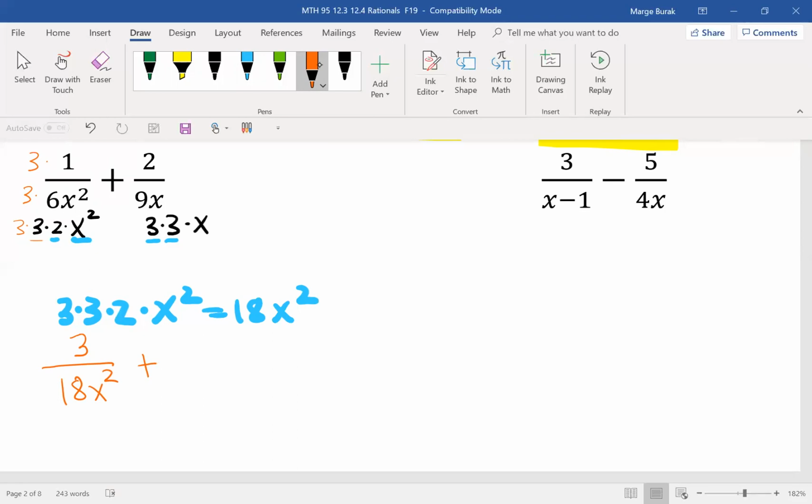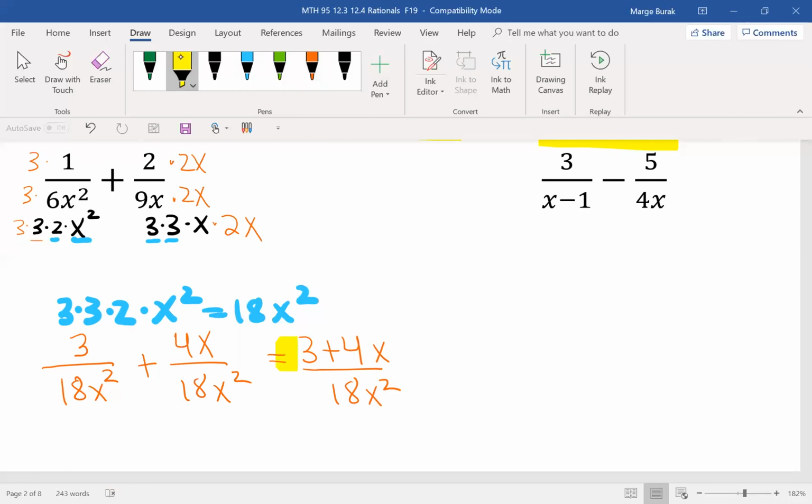I've got 2 3s, I've got one x, I'm missing the 2 and an x. And so I'm going to times the 9x by 2 and x, and that gives me 4x on the top. Now I can combine those together, and I'll get 3 plus 4x all over 18x squared. And 3 plus 4x cannot be factored, so I can't cancel anything, so that's that.